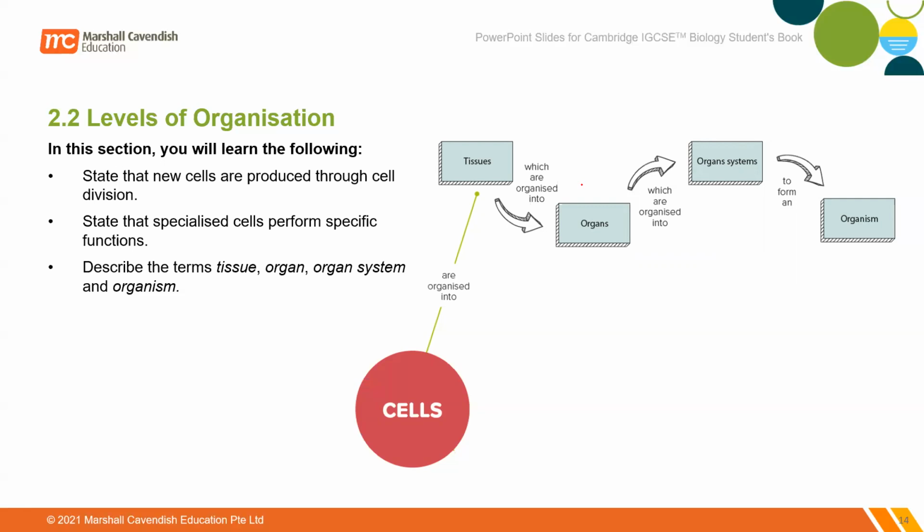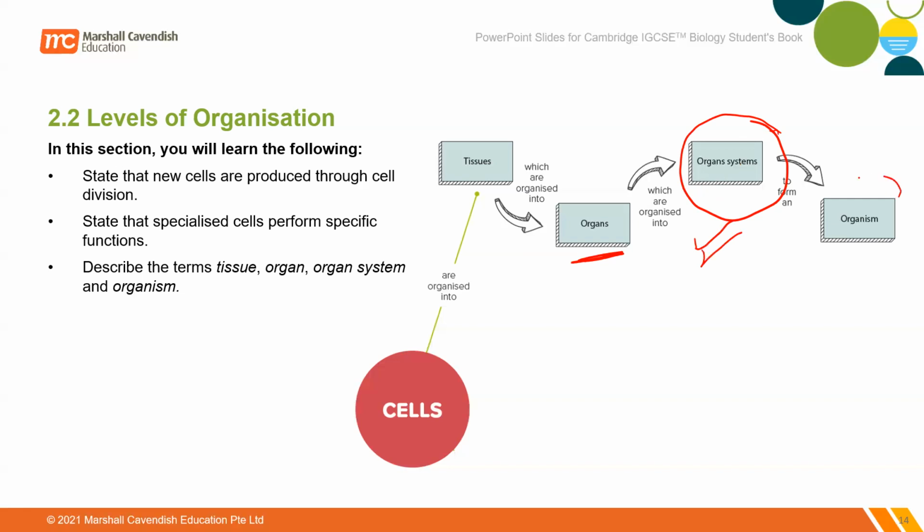A group of tissues forms an organ. And now an organ is made up of a group of different tissues working together performing a certain job. Organ systems, okay, are groups of organs working together to form the whole body.